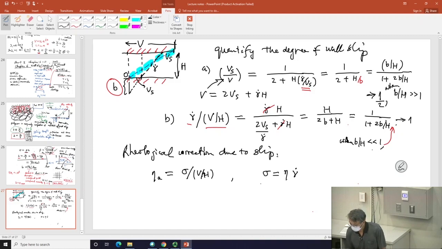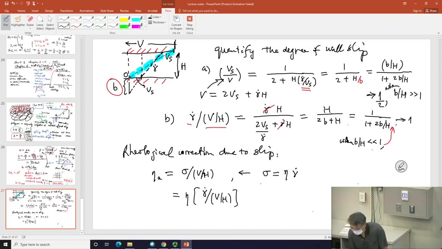Okay, so if I plug this in here, I will get eta gamma dot divided by V over H, right? By definition, because I know whatever I measure, whether you have slip or not, I know the stress is generated by the actual shear rate multiplying the actual viscosity in steady state.